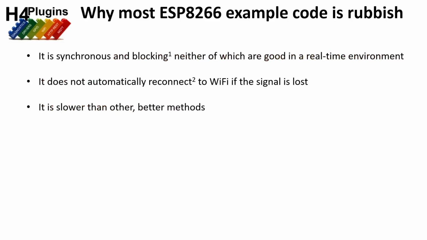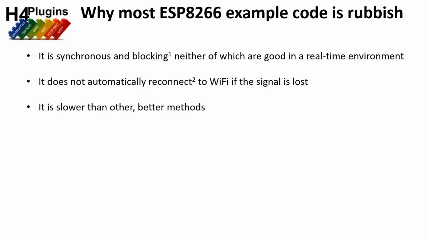So why is that? Well, first of all, it's synchronous and blocking, and there's a little subscript there which I'll talk about in a second, neither of which are good in a real-time environment. And a real-time environment is the one that we bought the ESP8266 to use, isn't it? To monitor sensors and alarms and lights and things that happen in real time.